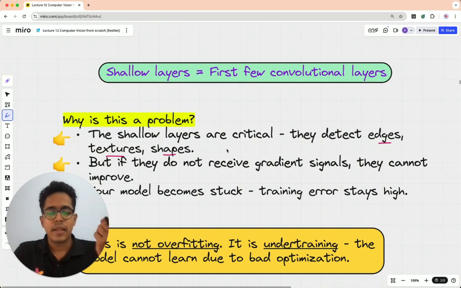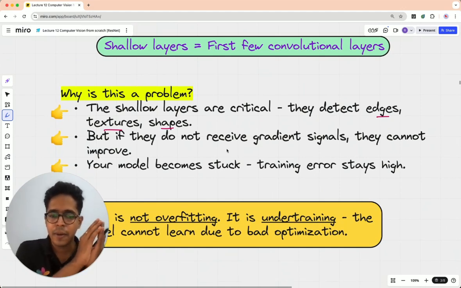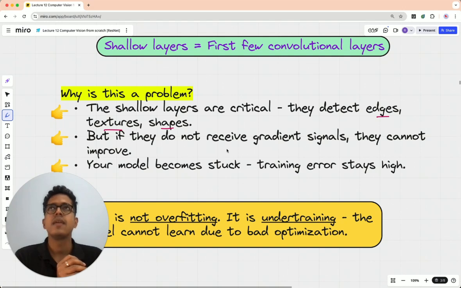So the gradient updation process should ensure that there is significant change happening to the weights and biases of these initial layers.